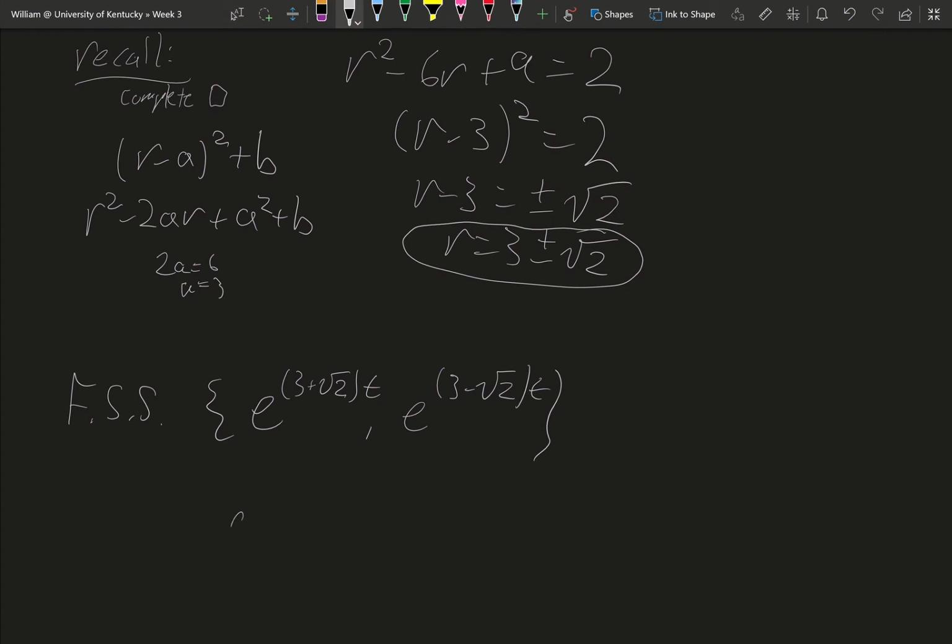And so now we have our general solution. y equals c1 e raised to the 3 plus square root of 2 times t, plus c2 e raised to the 3 minus square root of 2 times t.